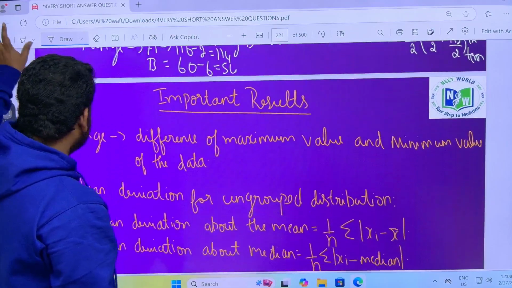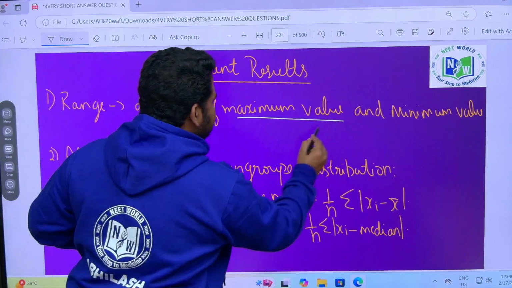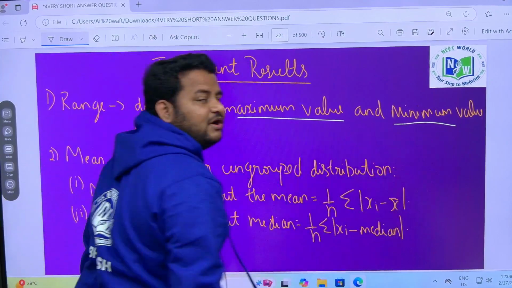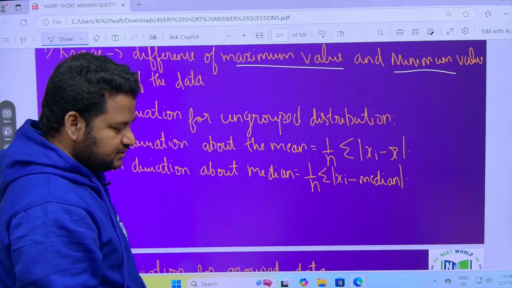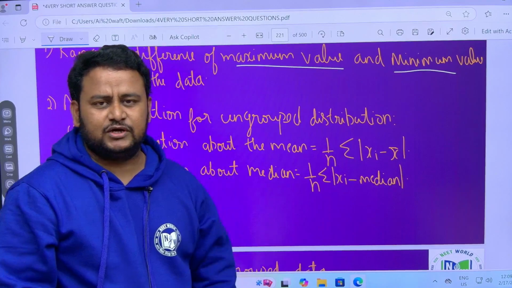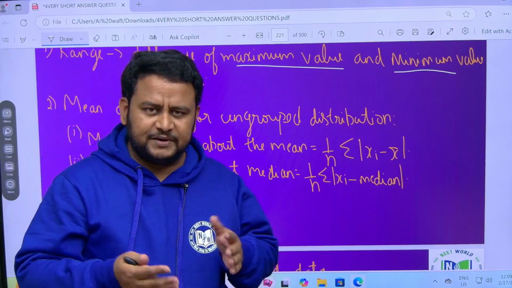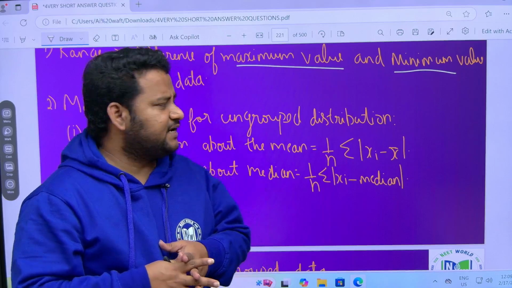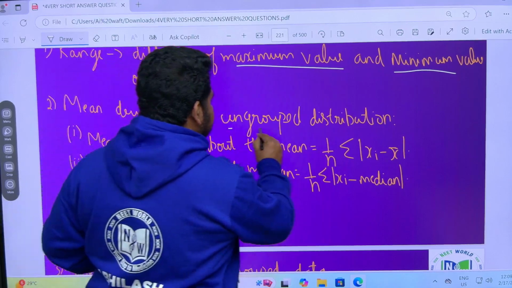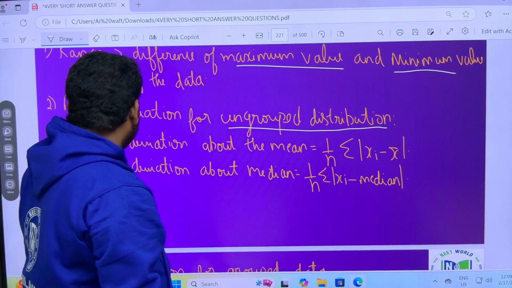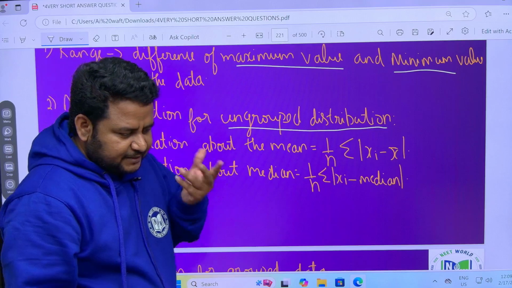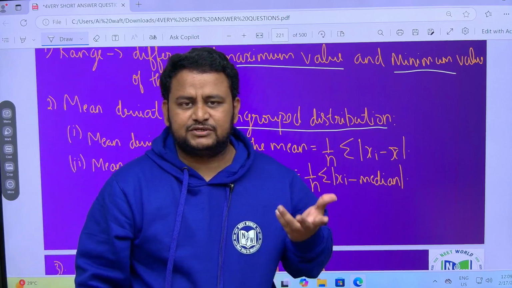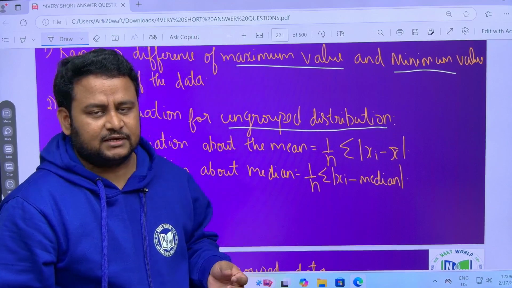Like I told, range is the difference between the maximum value of the data and the minimum value of the data. Next is mean deviation. One thing you must understand, mean deviation we are going to measure for both grouped data and ungrouped data. We can measure mean deviation using the mean, and we can also measure it using the median.